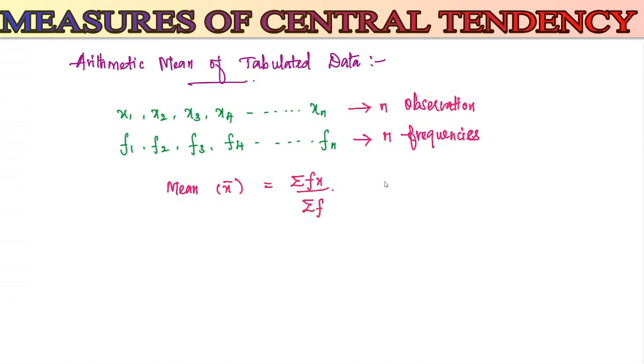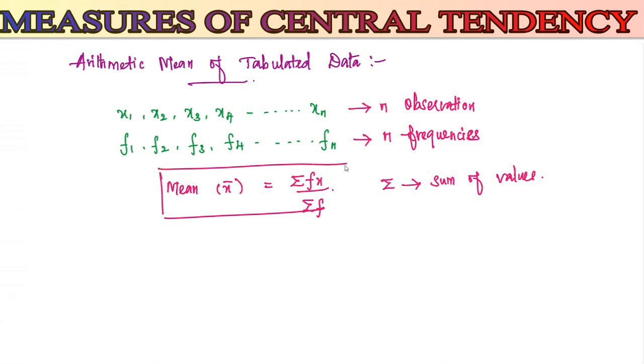Here sigma stands for the sum of values. This is the formula for arithmetic mean with tabulated data.